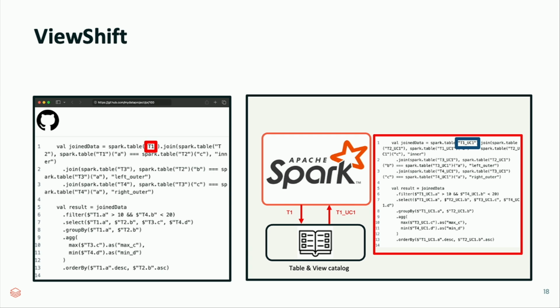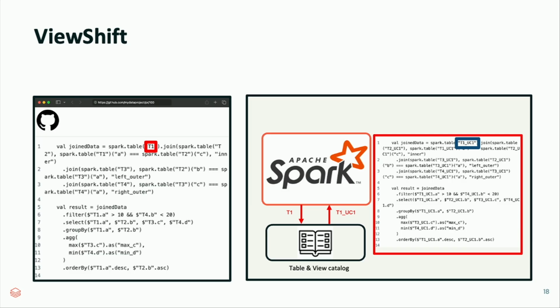So in this case, the user job would run on the Spark engine, for example, and the Spark engine would connect to a metadata store or a metadata catalog that resolves tables and views. But then we intercept the regular call when resolving the table name.